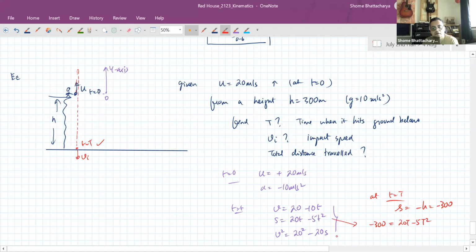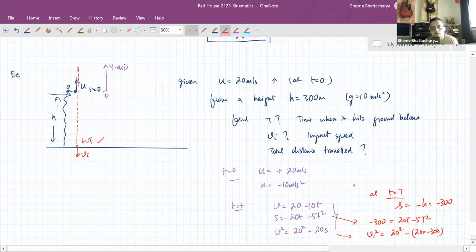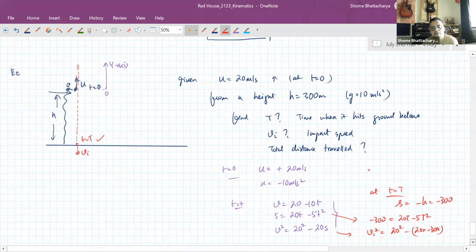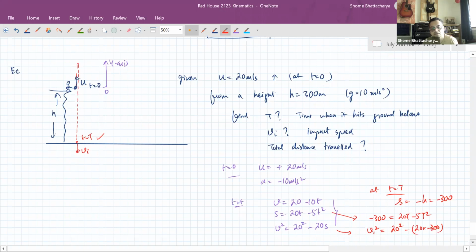And the impact speed square is equal to 20 square minus 20 into minus 300. And the impact speed is also 20 minus 10 capital T.